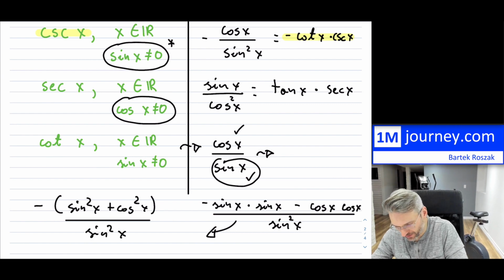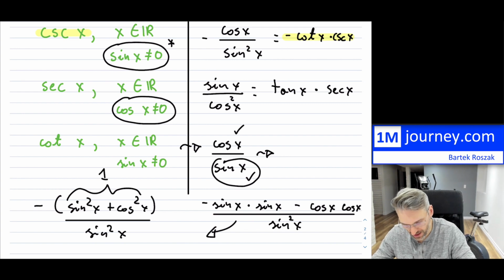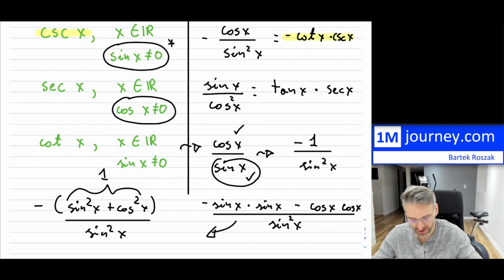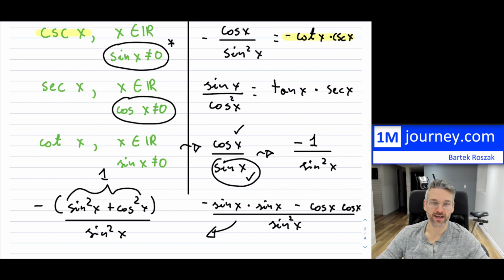Now, sine squared plus cos squared is equal to 1, so this becomes negative 1 all over sine squared x. But what is 1 over sine?